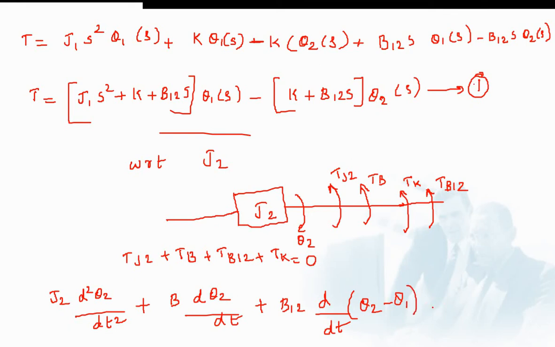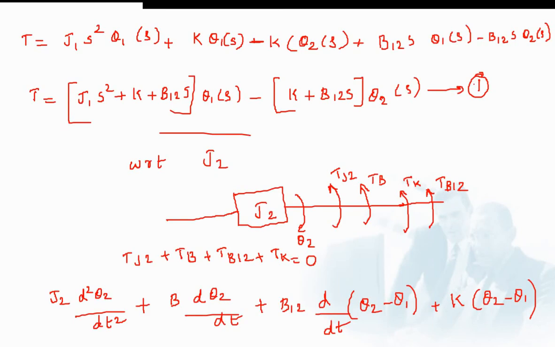The equation of TB12 is B12 into d by dt of theta 2 minus theta 1, and Tk is K into theta 2 minus theta 1. Now if you take the Laplace transform, this is equal to 0.